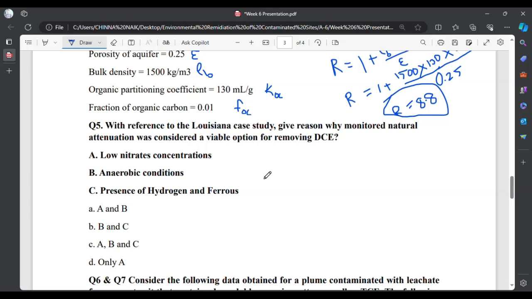So we can conclude that because of low nitrate concentration we prefer monitored natural attenuation. And in anaerobic conditions the presence of nitrates or oxygen will be less, so the microorganisms will start degrading the dichloroethane. Similarly, the presence of hydrogen and ferrous compounds. So the answer for this question is A, B, C.